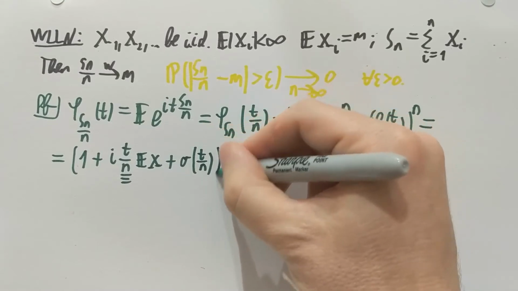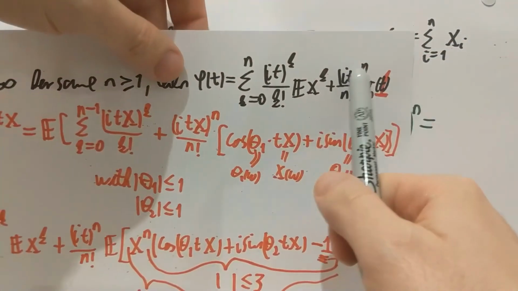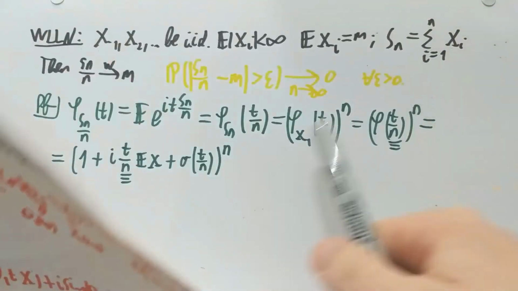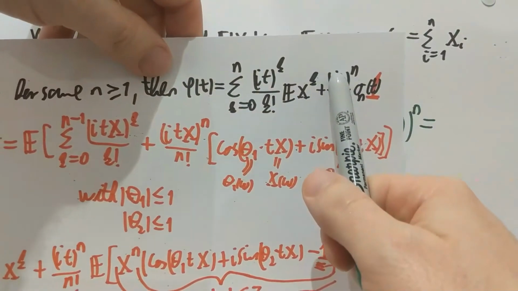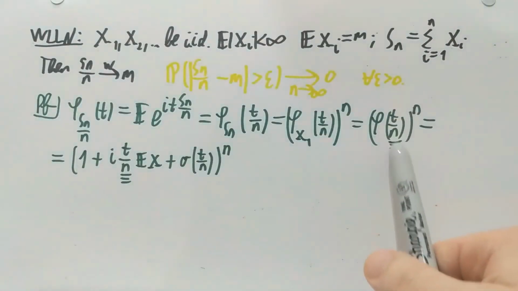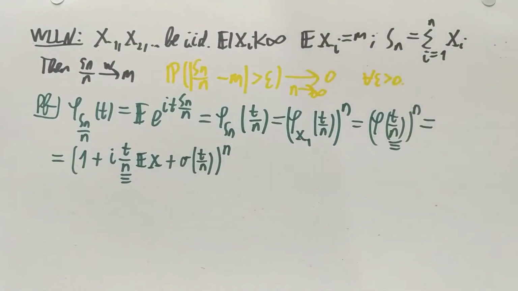In the way it was formulated in the lemma, it's essentially t. This n is not the same as that other n. So it was essentially t to the first power times something that goes to 0 with t. Instead of t, we are working with t over n. So little o of t over n is exactly the same thing.